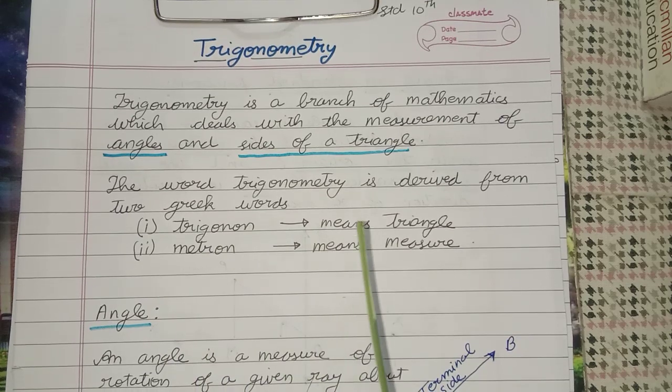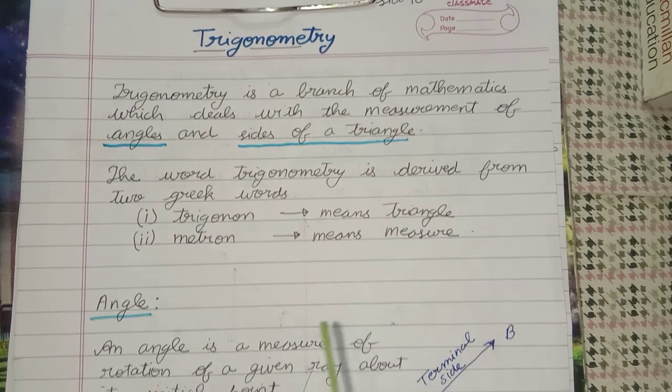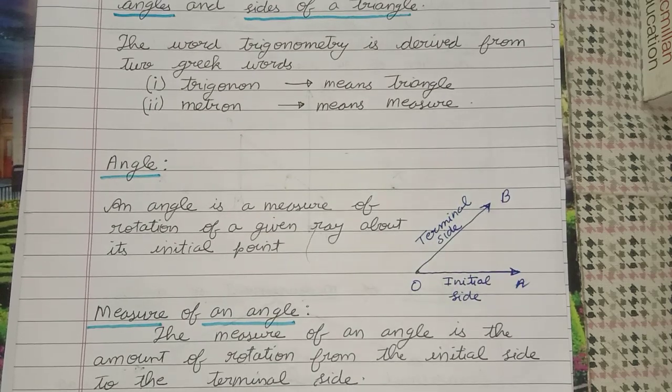The word trigonometry is derived from two Greek words: trigonon, which means triangle, and metron, which means measure. So therefore we said that trigonometry deals with measurement of angles and sides of a triangle. Let us continue further with some basic definitions.